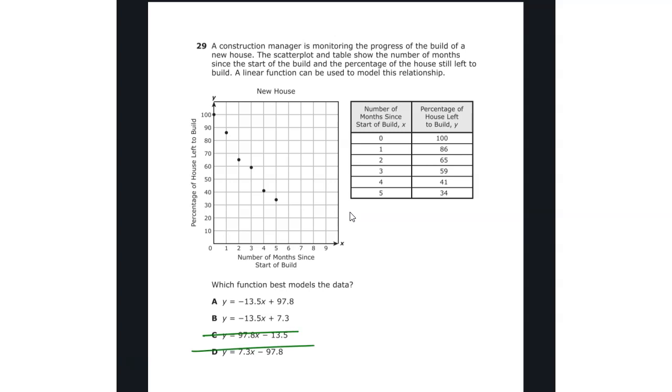Now, if we try to draw a line of best fit here, you're going to see that it most likely will be between 180. That line of best fit will be somewhere in there. So that means we're going to pick from A and B, the one with the larger value of the y-intercept. So that's that.